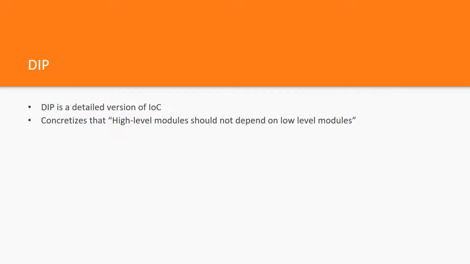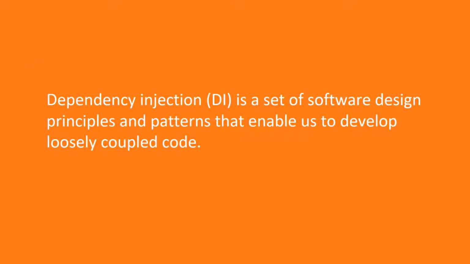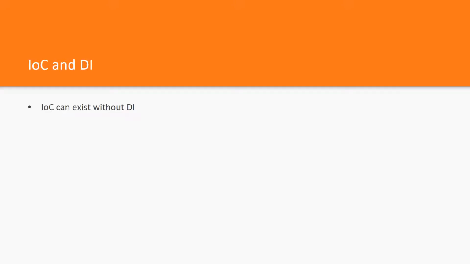According to the definition of dependency injection given by Mark Seemann in his book Dependency Injection in .NET, which I recommend to you very much, dependency injection is a set of software design principles and patterns that enable us to develop loosely coupled code. At the same time, you need to understand that IOC can exist without DI.